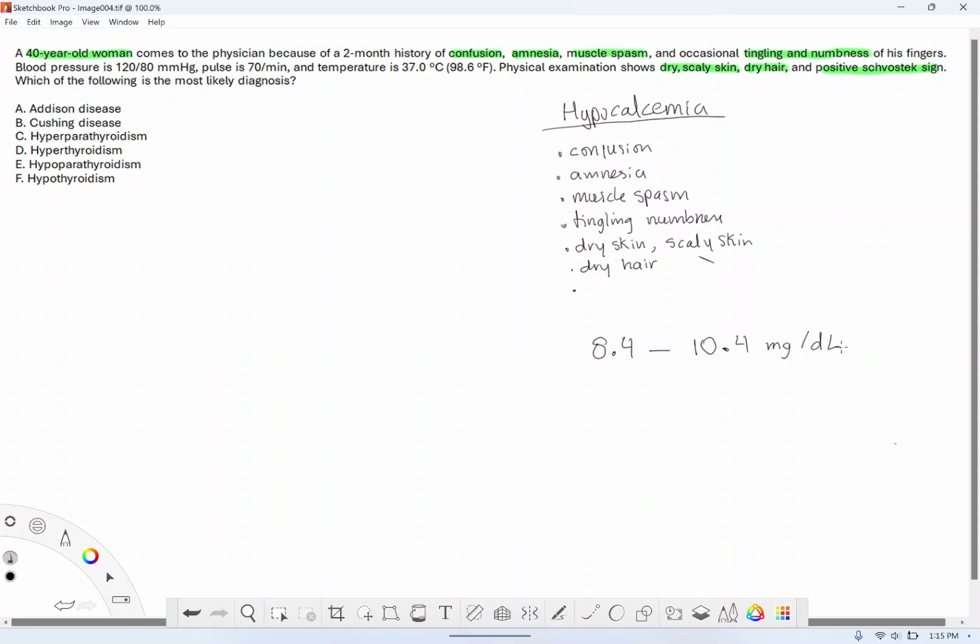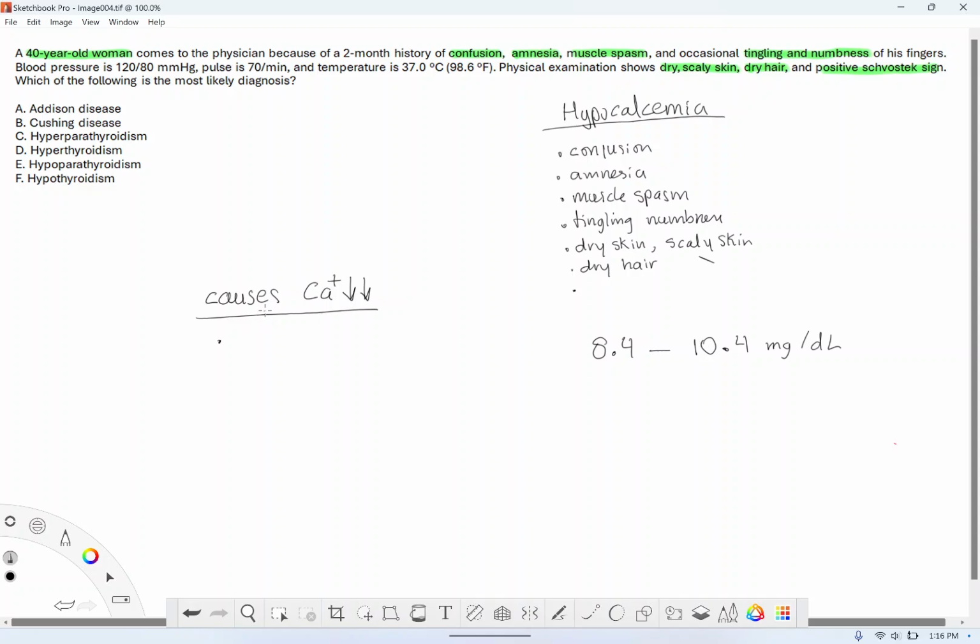Anyways, so we know this is hypocalcemia, but then hypocalcemia has multiple causes. Let's talk about the causes of hypocalcemia. Okay, so causes of low plasma calcium. And that's what this question is asking, which of the following is the most likely diagnosis.